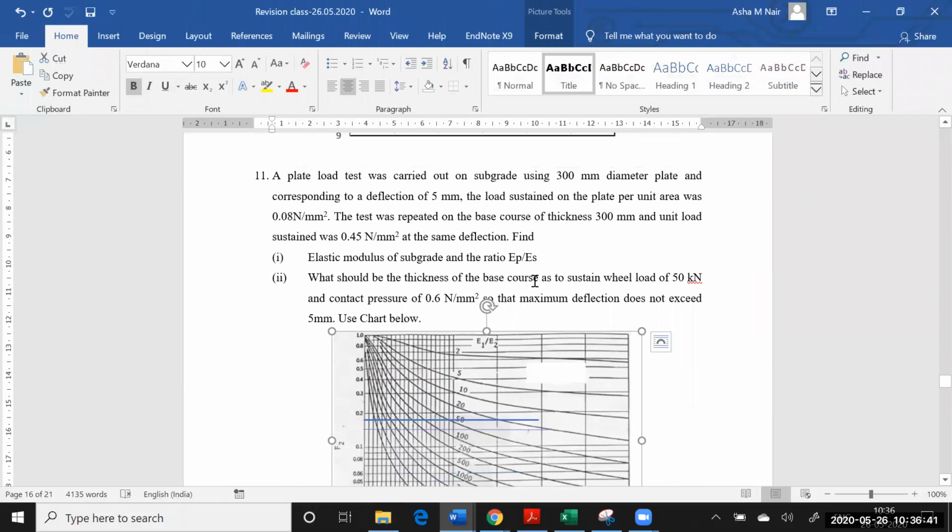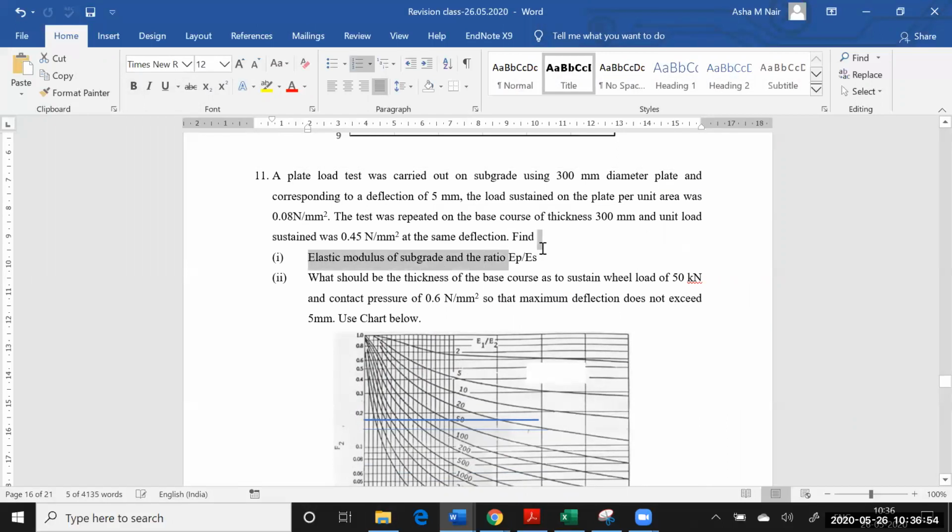This is a typical case of a Burmister's problem. In this case, there are mainly 3 steps. First is determining the modulus of elasticity of the subgrade, which is what they have asked here. Second is to find the ratio of EP by ES and find out EP. Third step is to determine the base course thickness. So the whole question is given like this.